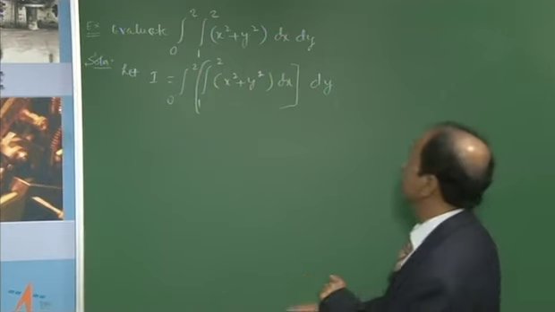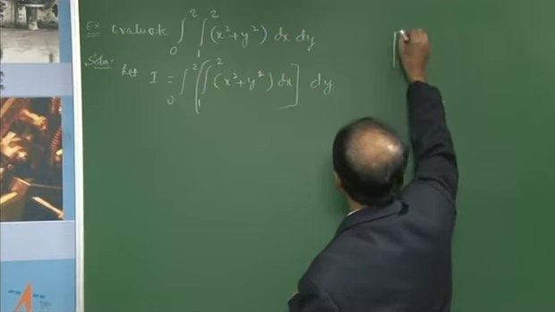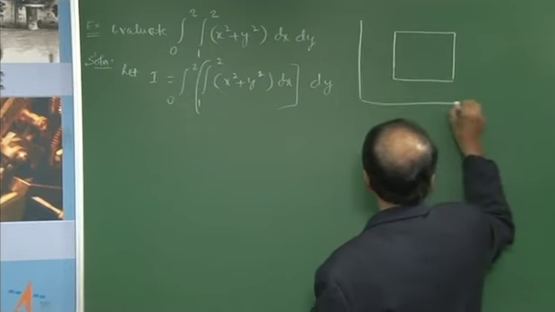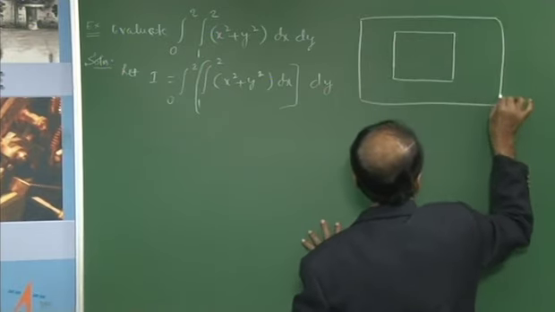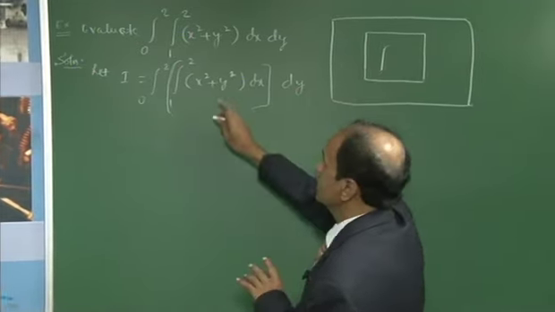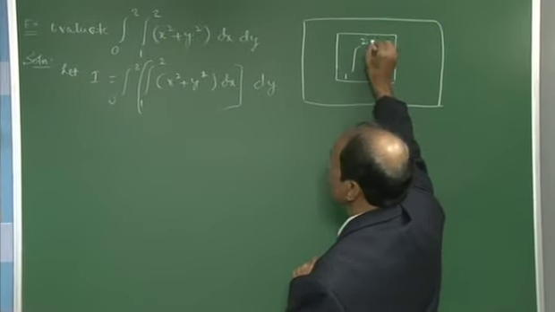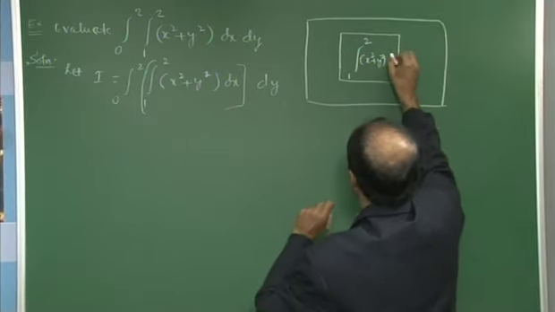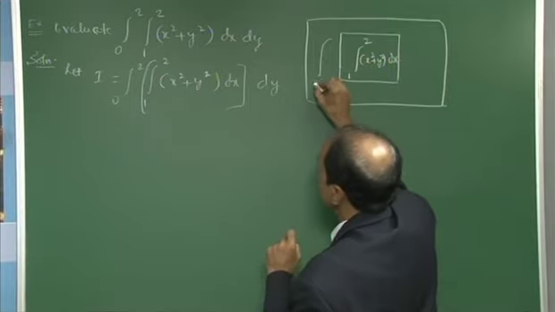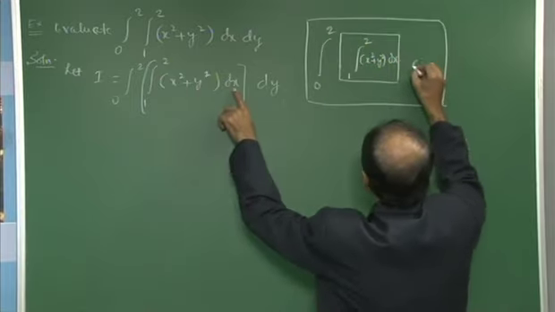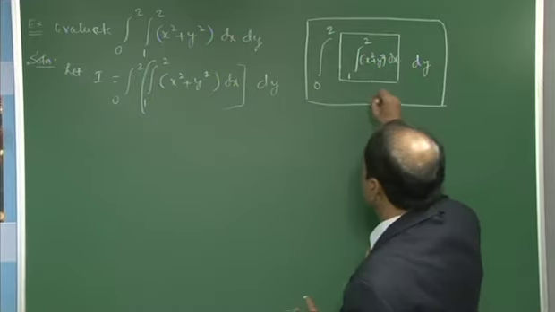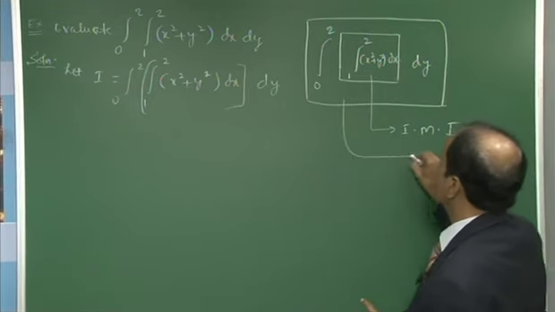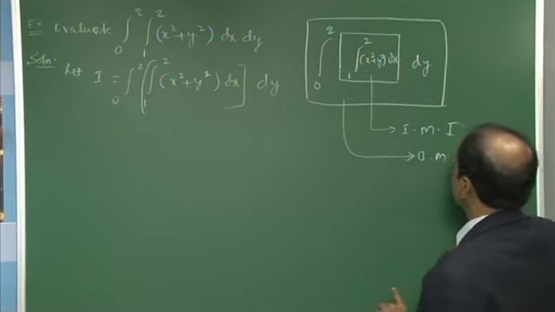For double and triple integrals, we take a small subregion in the main domain, that is R. According to this integral problem, 1 to 2 of x square plus y square dx, then your adjacent integral, 0 to 2 and then dy. This is called the innermost integral and this is called the outermost integral.